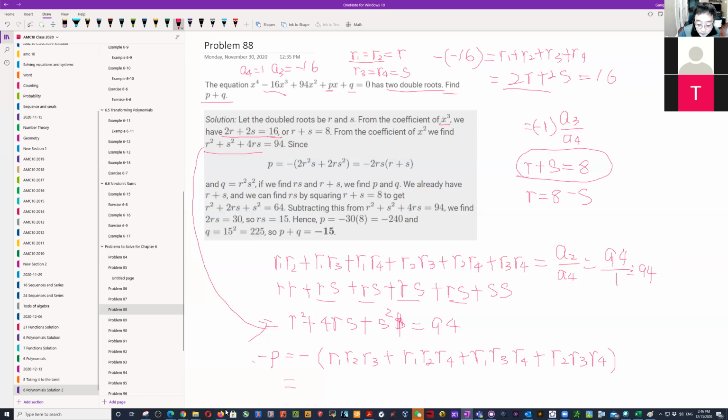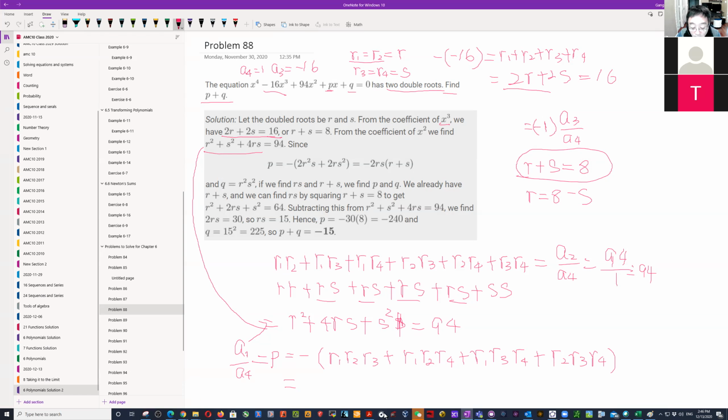So basically P is actually equal to A1 over A4, so basically it is equal to negative of this term.